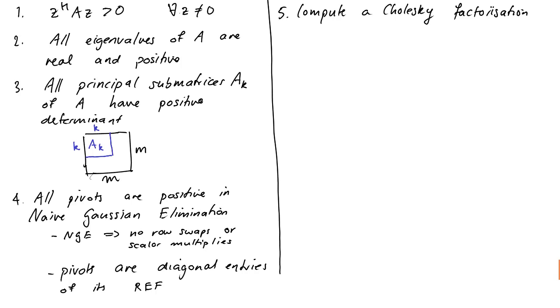This is a factorization of a matrix that's specific to positive definite ones, and basically it's like doing Gaussian elimination, but it takes about half the work. If the factorization succeeds, then the matrix is positive definite.